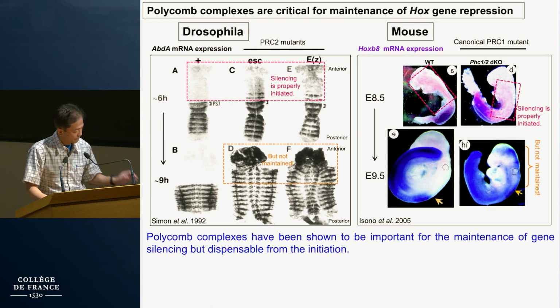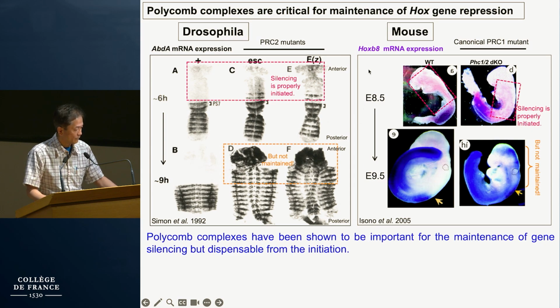This is because, generally speaking, polycomb is known to be essential for the maintenance of gene silencing, but dispensable for the initiation of gene silencing. I just show the example of Hox gene silencing, in the Drosophila and mouse cases. As you can see here, in this PRC2 mutant, these Hox genes are properly silenced, but it's not properly maintained at a later stage of development.